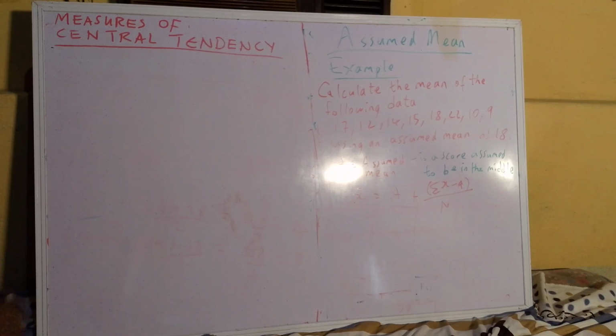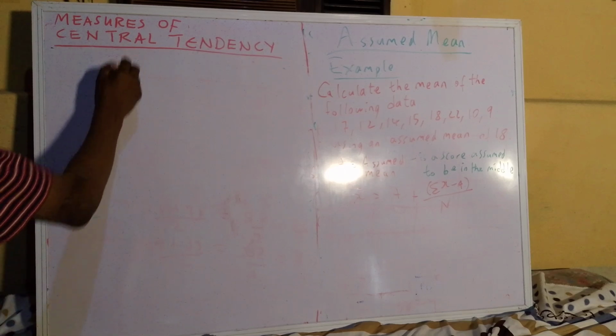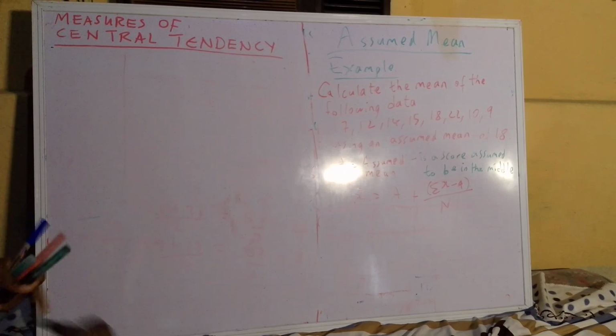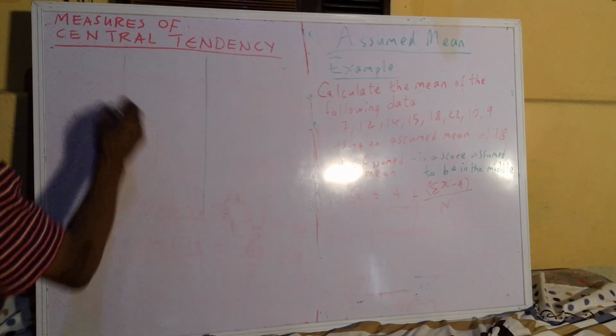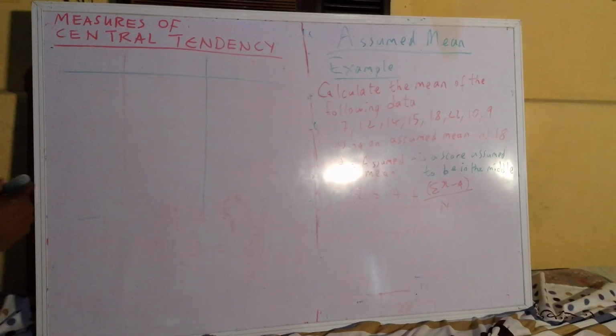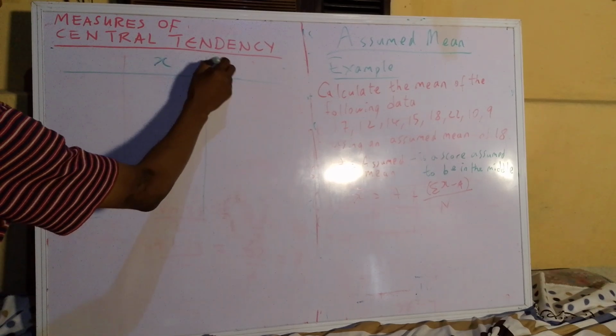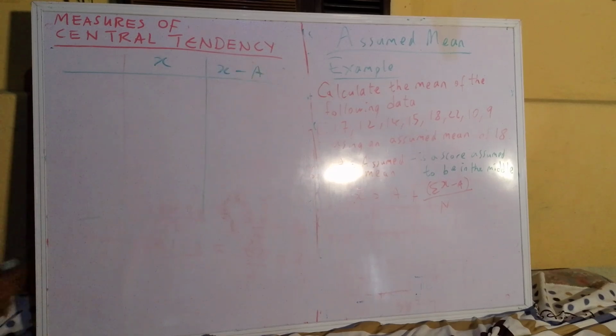So let's go. To answer this question, you now draw the table. So we have x and x minus a.